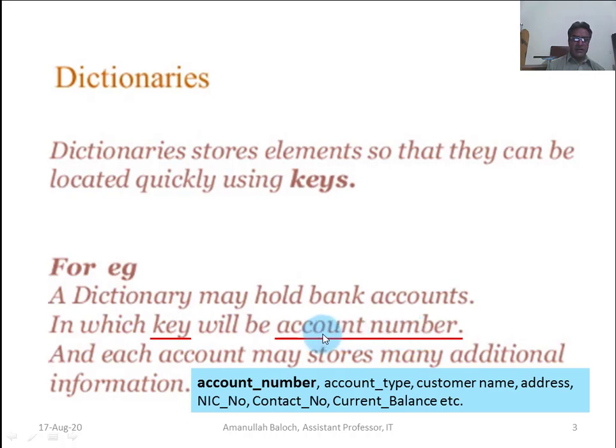Each account may store much additional information like account type, customer name, address, national ID card number, contact number, current balance, etc. There is a lot of different information attached to this key.